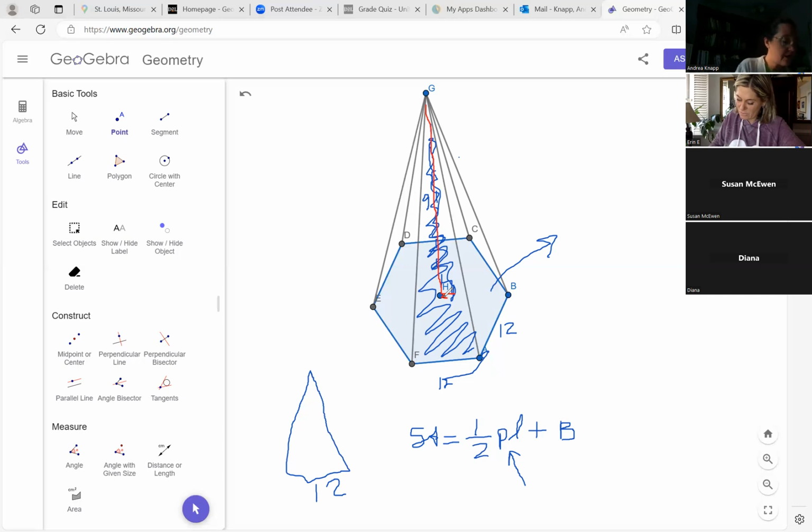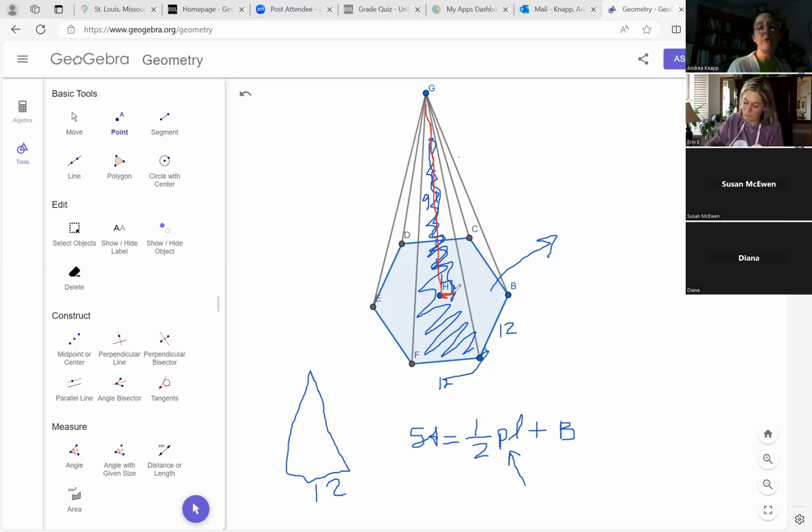So what are your thoughts on finding that slant height? When I did it the wrong way, I put 12 squared equals 9 squared plus s squared, but actually shouldn't it be 12 squared plus 9 squared equals s squared, which is the slant height? It's the Pythagorean theorem, but I don't think it's 12.